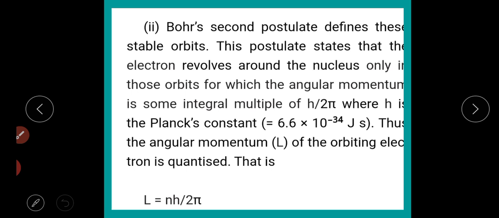Bohr's postulate of quantization of angular momentum states that electrons can revolve only in those energy levels in which its angular momentum is an integral multiple of h divided by 2 pi. That is, you have the equation L is equal to nh divided by 2 pi.